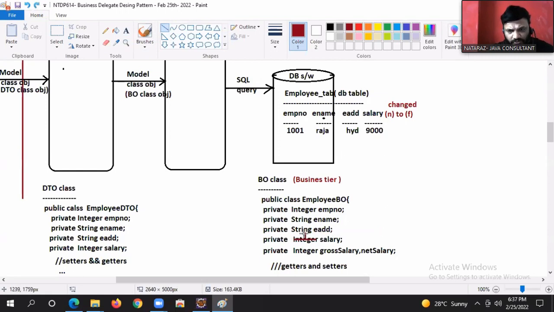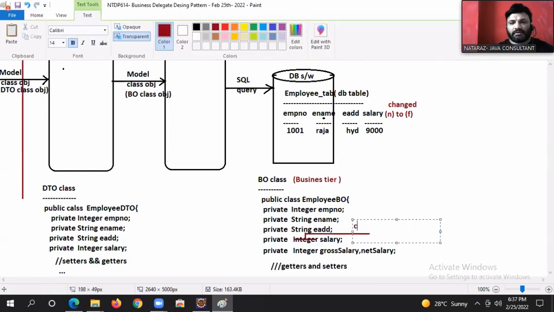Change to float or double, your choice. Change to double.